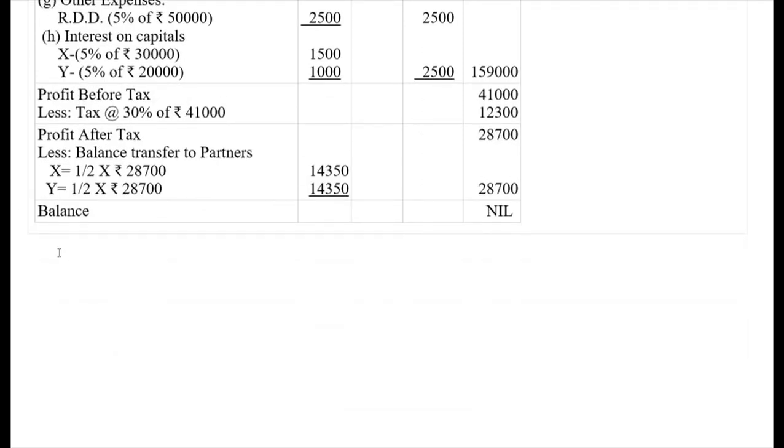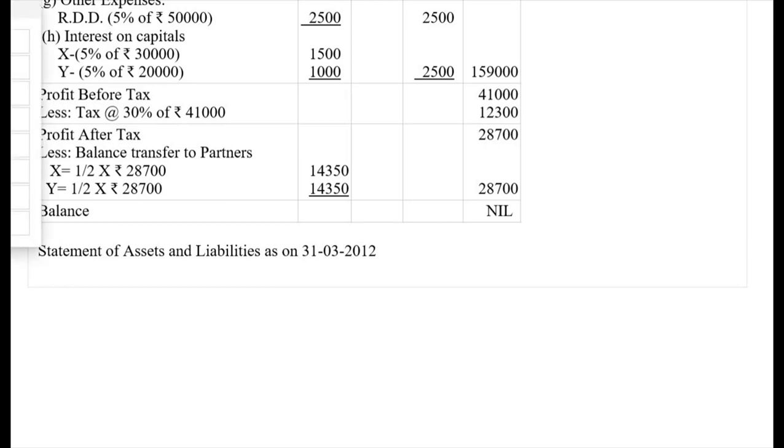Then similarly we should prepare the statement of assets and liabilities as on 31/3/2012. So here, particulars, rupees.